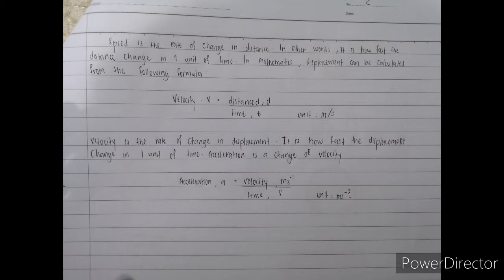Velocity is the rate of change in displacement. It is how fast the displacement changes in 1 unit of time. Acceleration is a change of velocity. Acceleration a equals velocity over time. The unit is meters per second squared, m/s².